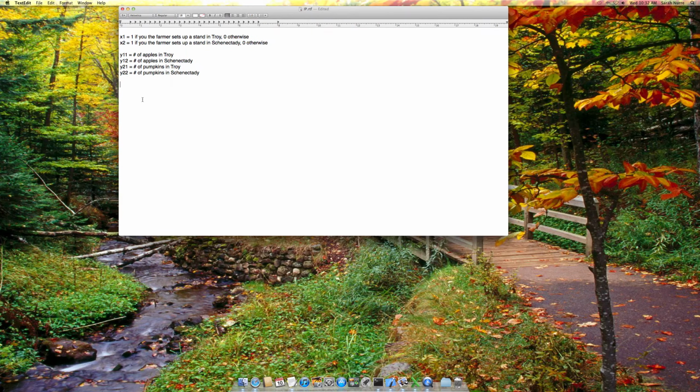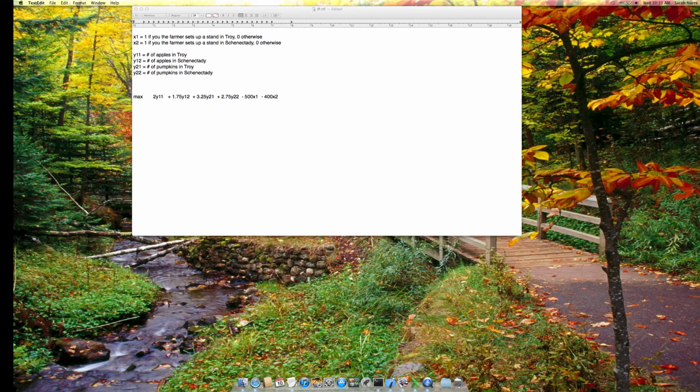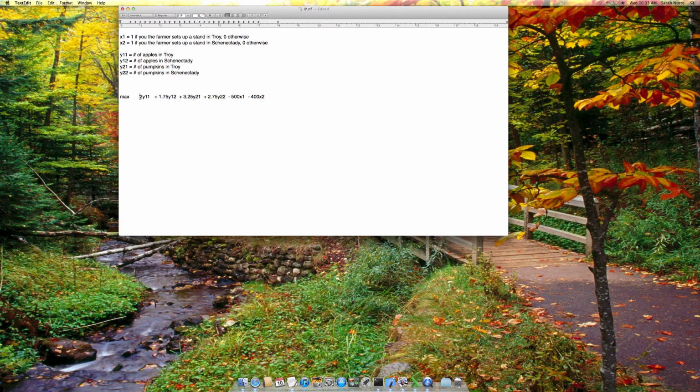So here in my objective function, I'm going to set it up here. I earn $2 for apples in Troy and $1.75 in Schenectady, and then $3.25 and $2.75 for pumpkins in Troy and Schenectady.